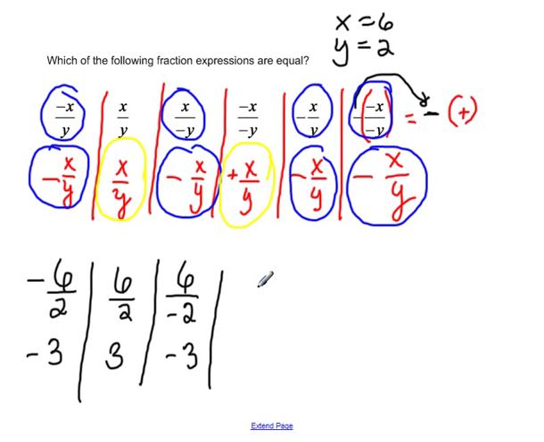The next problem, if I put in 6 for x and 2 for y, I'm going to have negative 6 over negative 2, which would give me positive 3. And then, remember we had the negative sign out front, 6 over 2. So 6 over 2 is 3, but then when I take its opposite, that gives me negative 3.